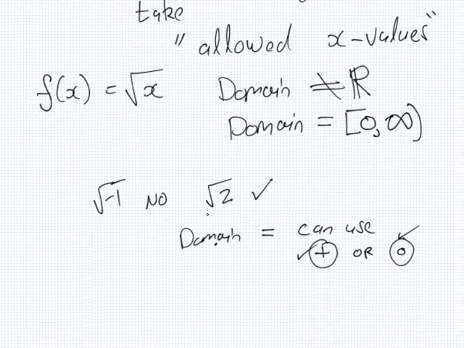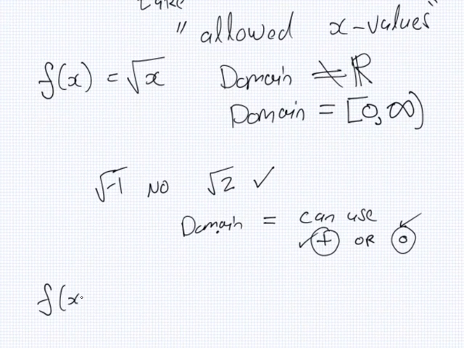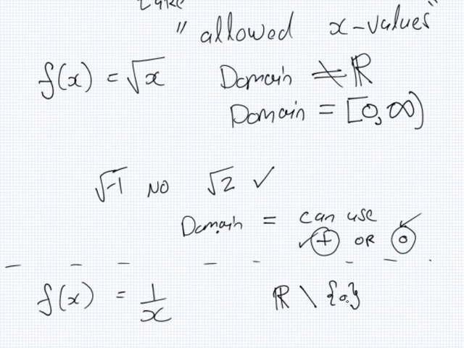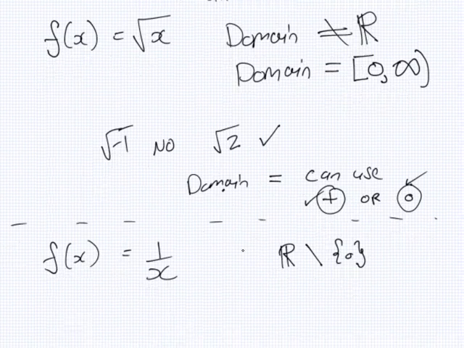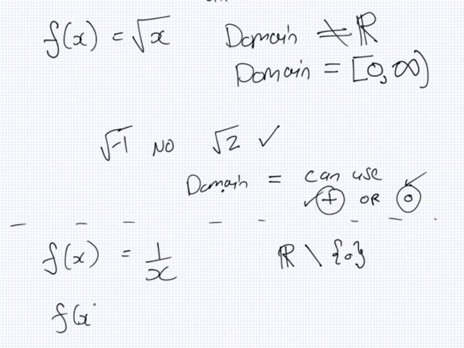Here's another one to practice on. What is the domain of this mapping? Not equal to 0. Yeah, so the domain is all real numbers except 0. Exactly. Okay, what about this function, this mapping?